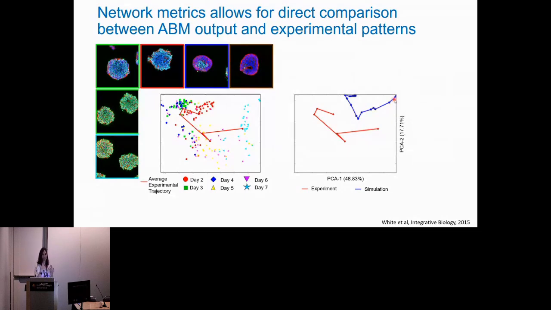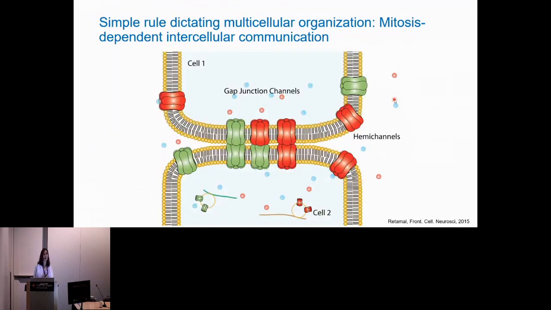I'm going to return to this type of approach as I move into our other studies. So another rule that we've looked at is the mitotic dependent intercellular communication. And in order to understand this particular study, what you have to know is that gap junction channels are formed by two hemichannels of connexin proteins.